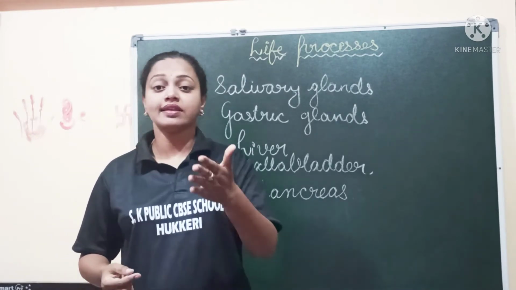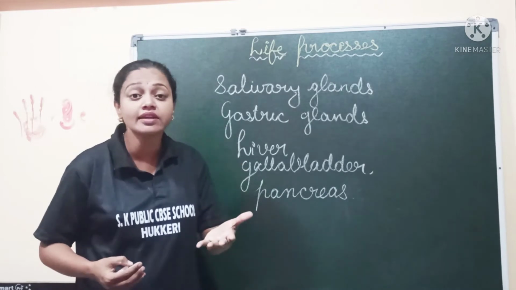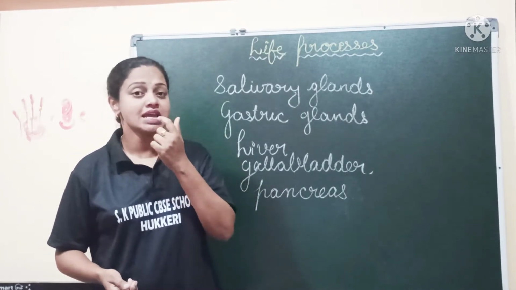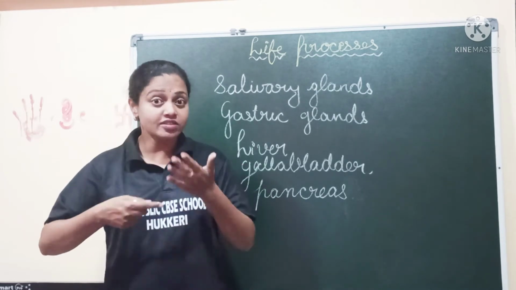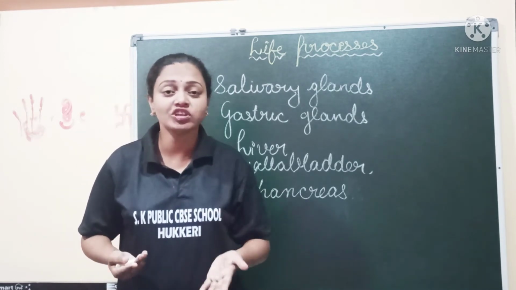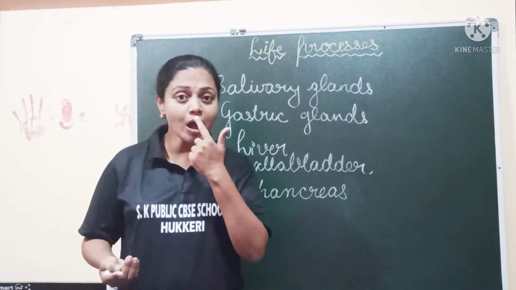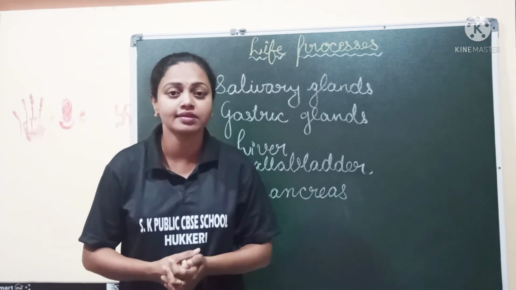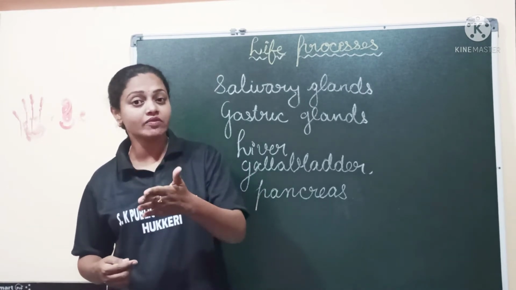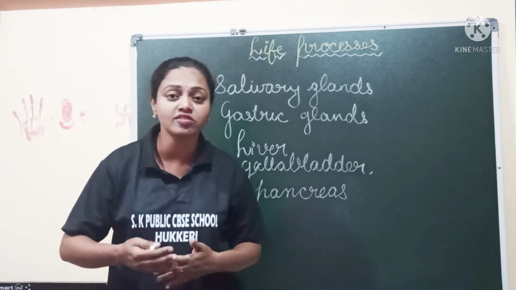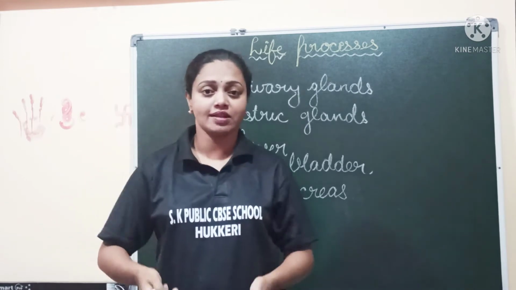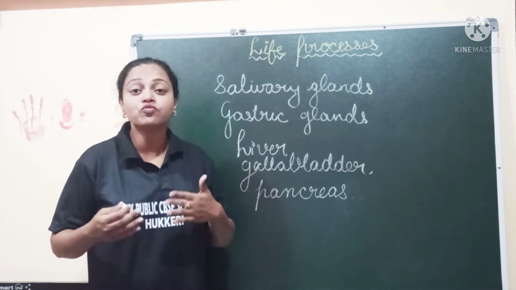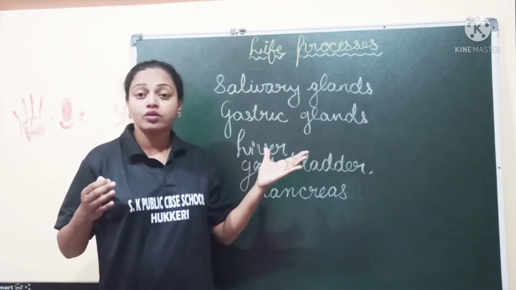Salivary glands secrete saliva, which begins digestion in our mouth itself. Beneath the tongue we have salivary glands. Now coming back to the gastric glands, they are present in the wall of the stomach.